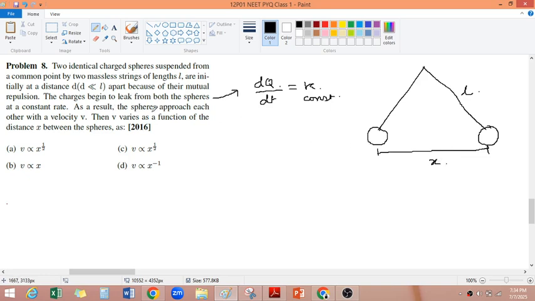As a result, the spheres approach each other with the velocity v. So that means how quickly this x is changing, right? That is my velocity. Then v varies as a function of x between the spheres. So v as a function of x is what is asked.